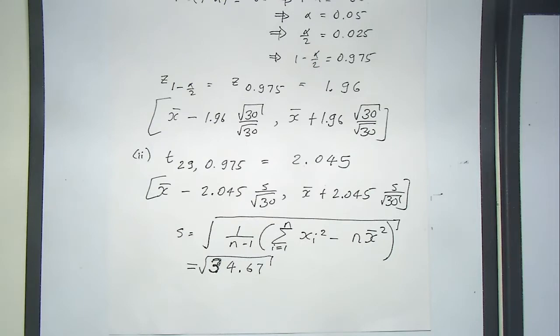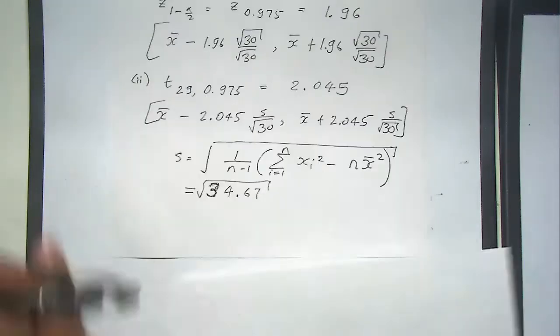The next thing you're asked to show is you're also asked to find the confidence interval for sigma or sigma squared. Sigma squared, yeah. Do you guys remember from the notes?